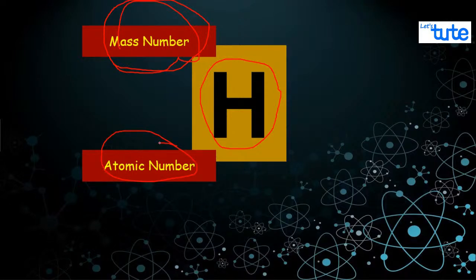This is the pattern we follow while writing the general denotation of a particular element. So for hydrogen, if the atomic mass is given as 1 and the atomic number is given as 1, we are supposed to write it in this manner: H, 1, 1. This is the way in which we are supposed to denote it.